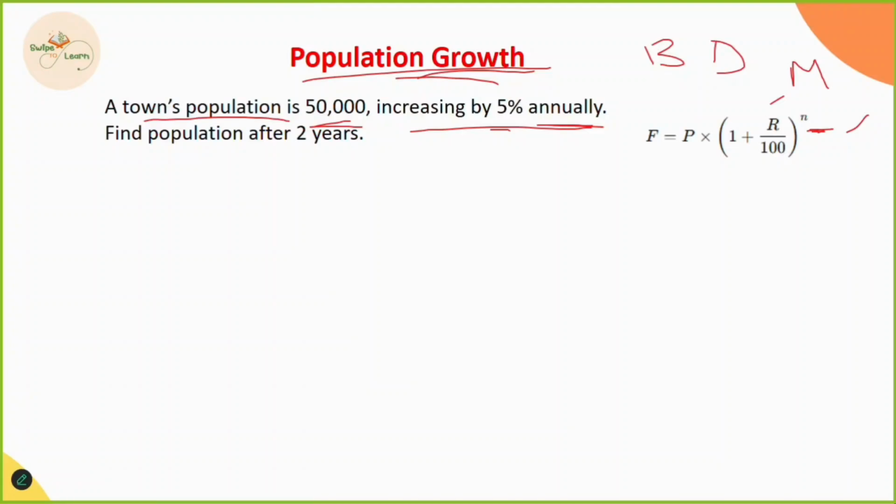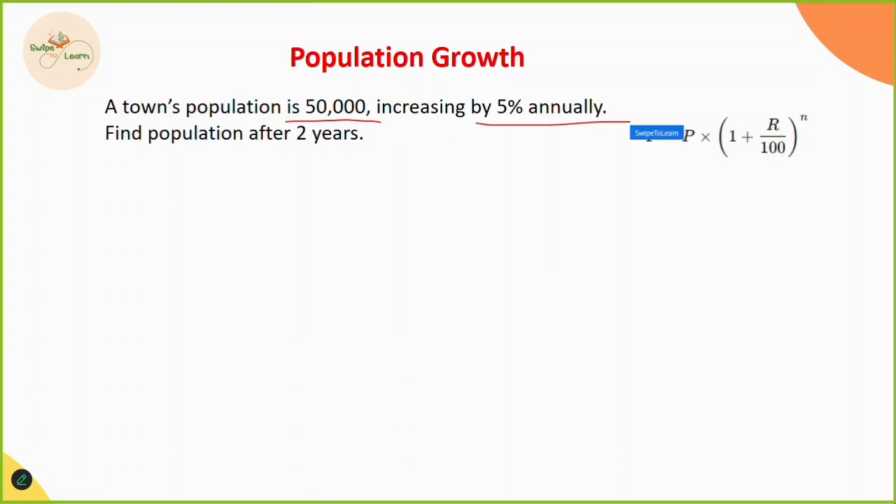When there is a 5% increase in the first year, there will be a resulting population. Now, in the second year, if there is another increase of population, that should be added to this one, not to the initial 50,000. Don't just add the second percentage to the first original value, add it to the previous one.